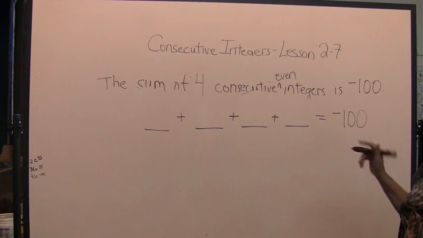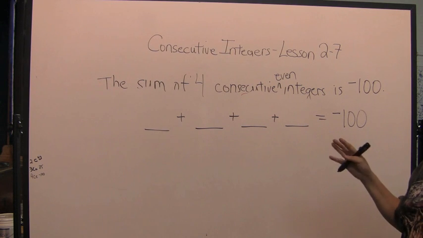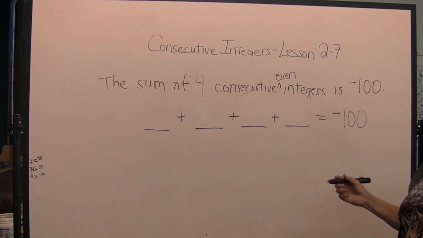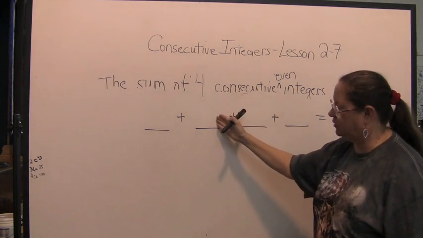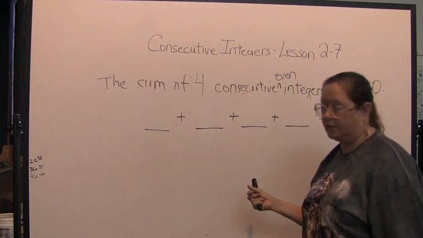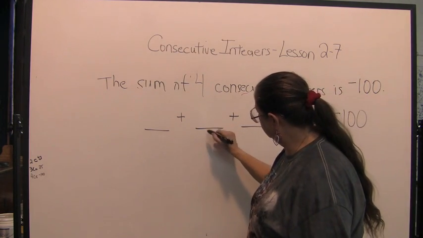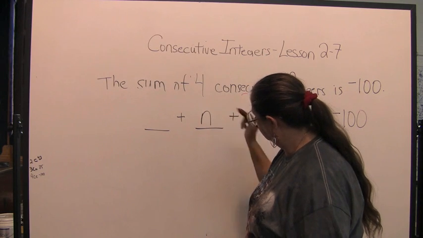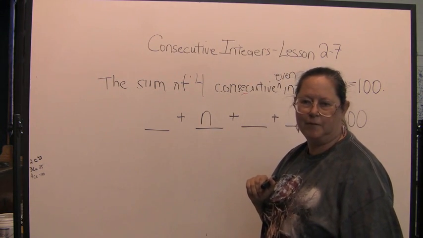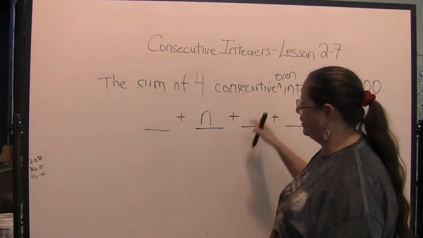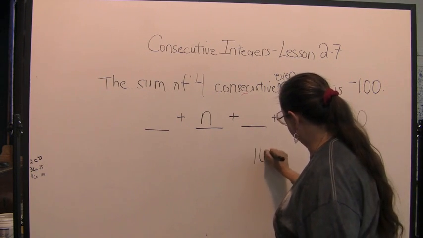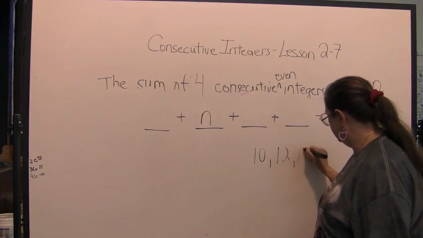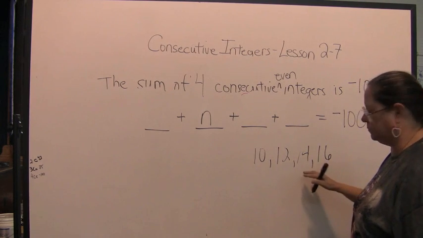Okay, now, we don't really have a middle one here, a middle number, so we have to just choose. Okay, you could choose here, you could choose here. Actually, you could start over there. Okay, I'm going to choose this one to be my n, my number. Now, since it's consecutive even, it's going to be like 10, 12, 14, 16, like this.